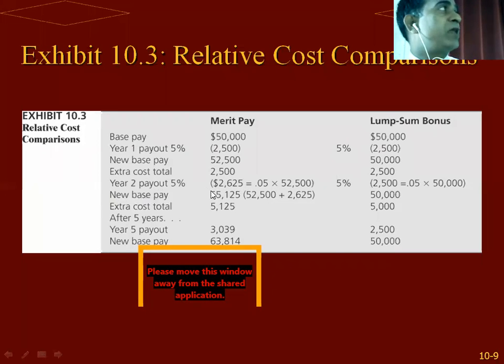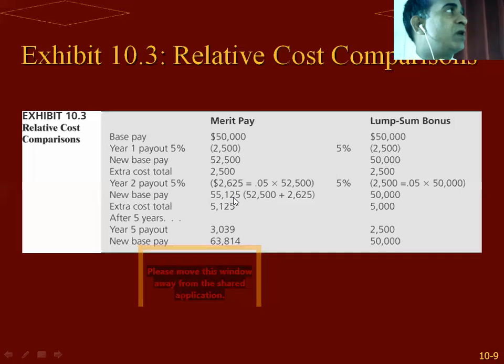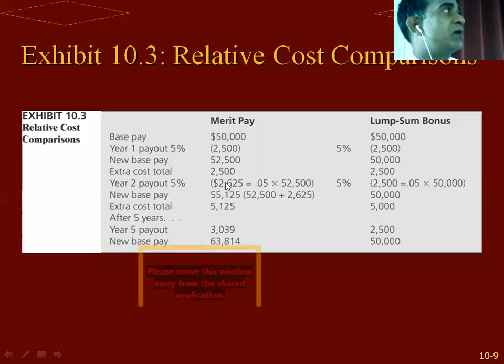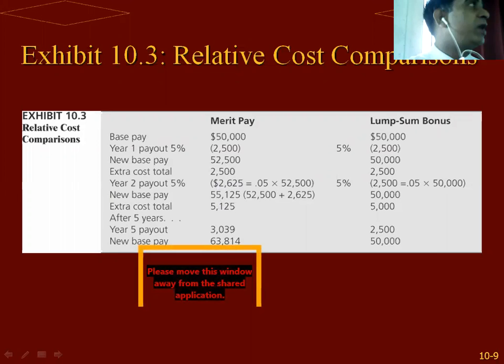So the new base pay in the first company becomes 52,500 plus $2,625. It is $55,125 in the second year. So 52,500 new base pay plus the payout of year 2, 2,625, is equal to $55,125.